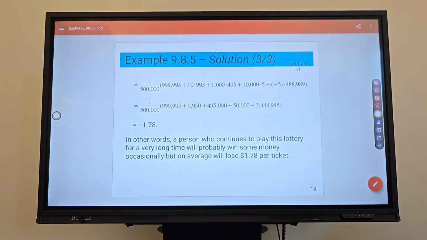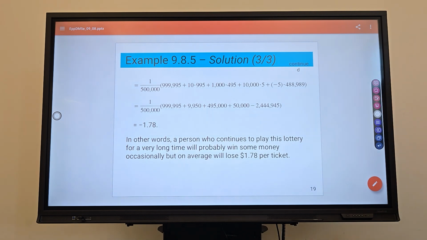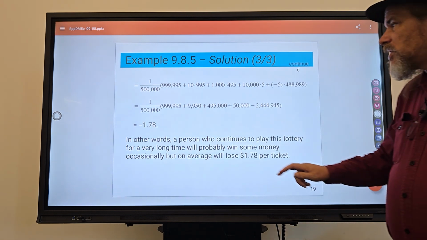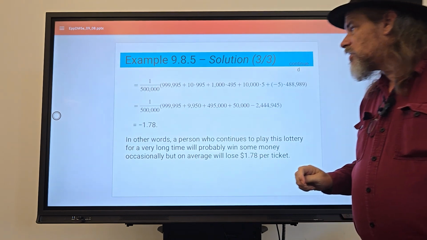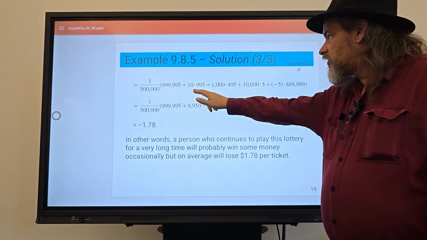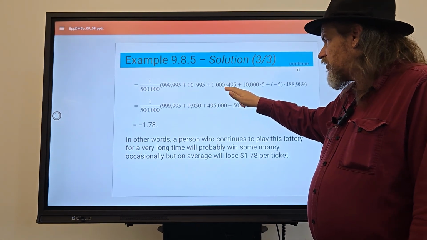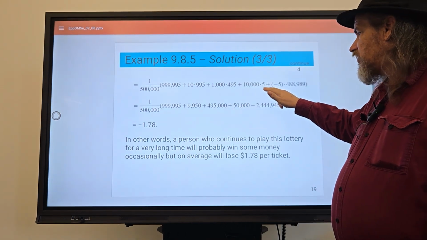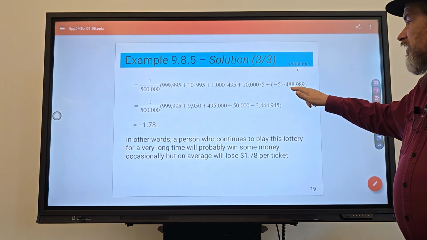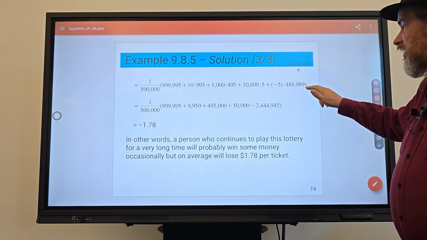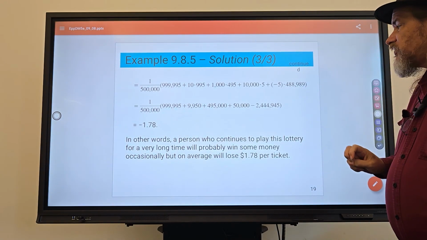Now the values of A sub k are 999,995 for 1. For 10, it's 995. For 1,000, it's 495. For 10,000, it's 5. And for 488,989, the value is minus 5.